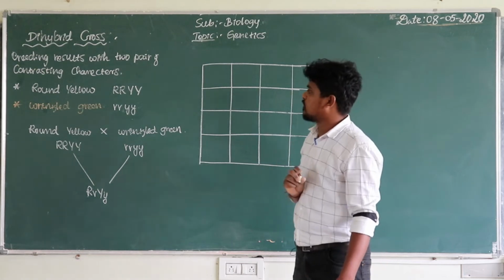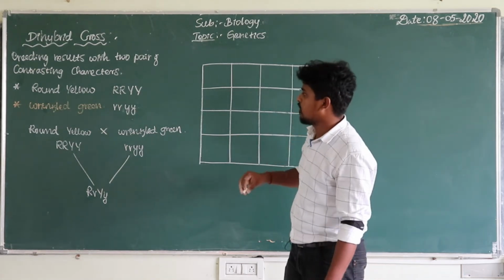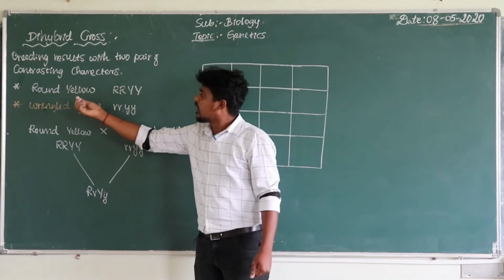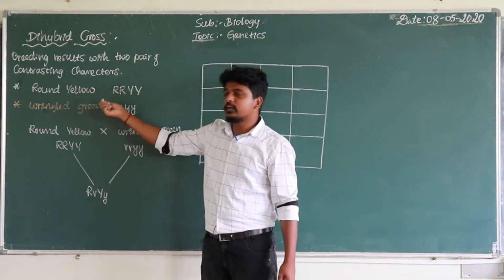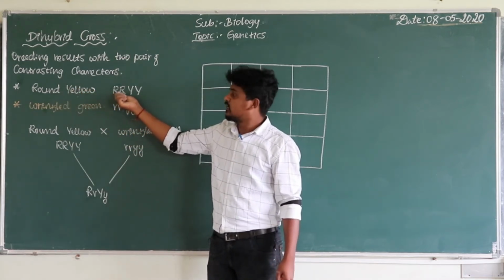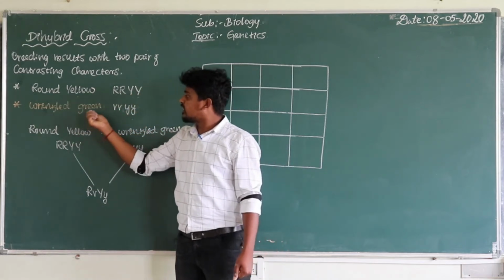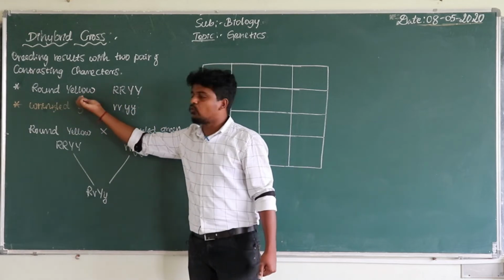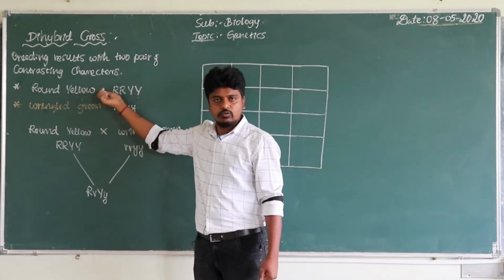See how to solve these 2 pairs of contrasting characters. So let's have a look here. What are the 2 pairs of contrasting characters here? The round yellow is one pair of characters, denoted as capital R and capital Y and capital Y. Wrinkled green. When you select round yellow, you denote it with capital letters, yes or no?